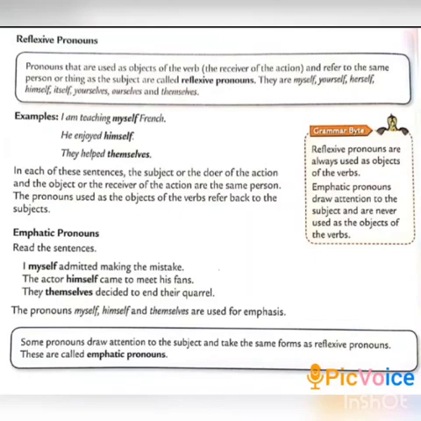So, some pronouns draw attention to the subject and take the same forms as reflexive pronouns. They are called emphatic pronouns. Now, note that reflexive pronouns are always used as objects of the verbs, whereas emphatic pronouns draw attention to the subject and are never used as the object of the verbs. So, this is the main difference between the reflexive and the emphatic pronouns.